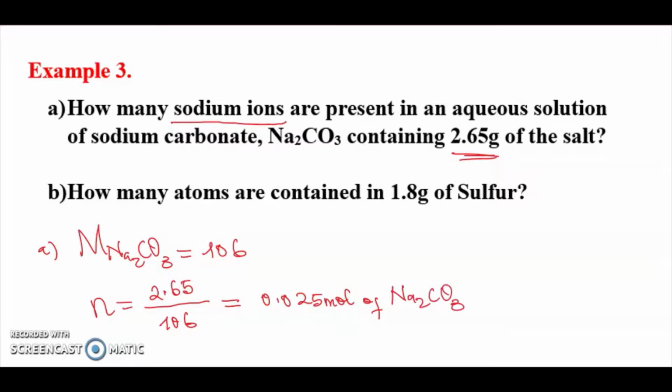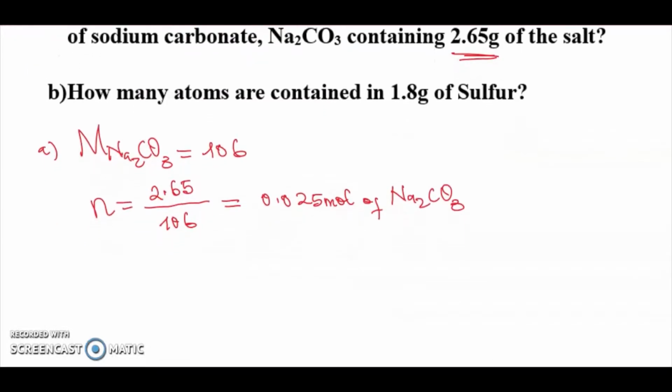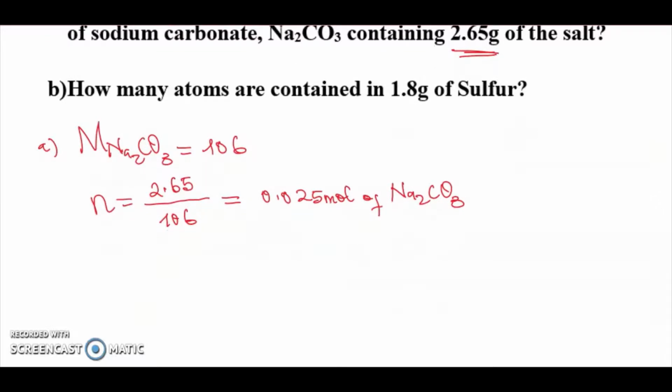Okay, let's now calculate the number of moles of sodium ions. We dissociate this. We are going to have 2 moles of sodium ions plus 1 mole of carbonate.